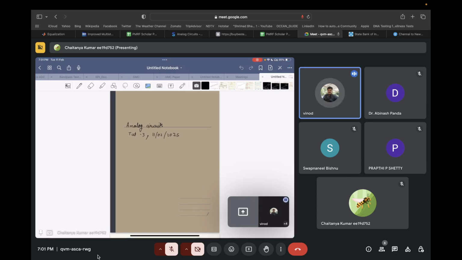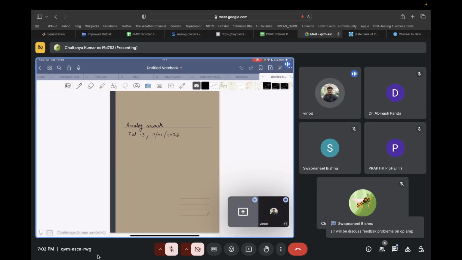So in the week one assignment, if you take the tenth problem, sir, can you share your screen and show the assignment so that it will be easy for me to take a screenshot of that and discuss it over here?